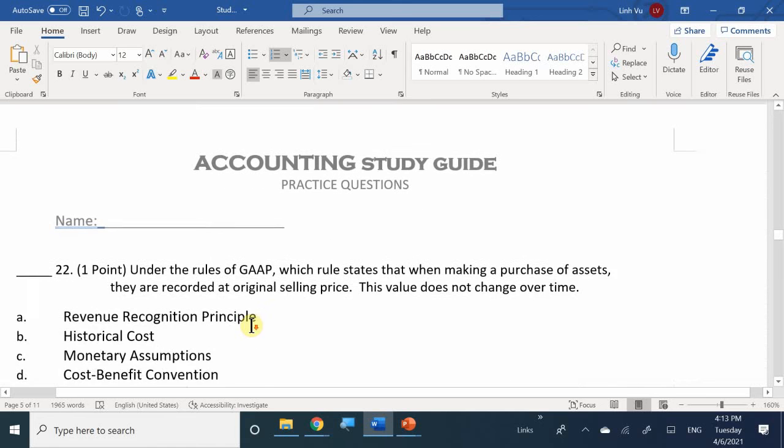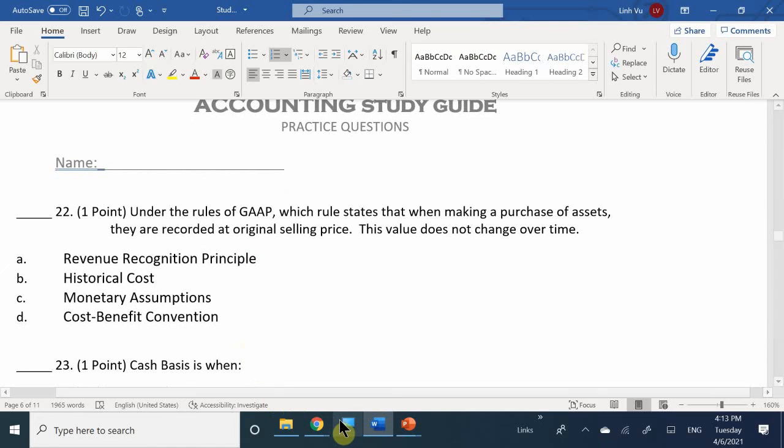Okay. Let's see what 22 says. So under the rules of GAAP, which rule states that when making a purchase of an asset, they are recorded at original selling price? This value does not change over time.